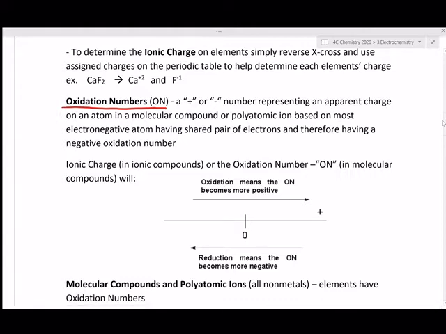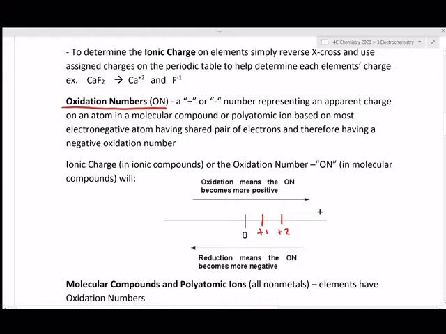Now, either way, whether it's an ionic charge or an oxidation number, the one thing that always holds true is that if you're being oxidized, your oxidation number is going to become more positive. That's because we said an oxidation is a loss of electrons.